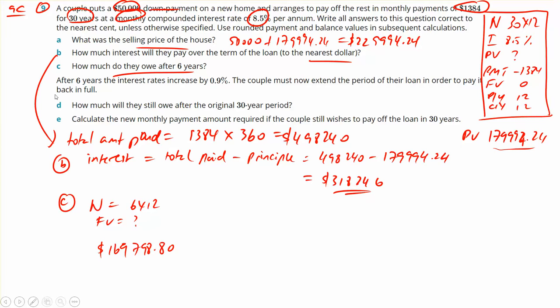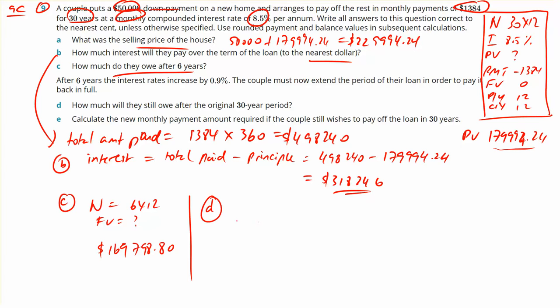Part D. After 6 years, the rate increases to 9.4%. The couple must extend the period of the loan in order to pay back in full. How much do they still owe after the 30-year period? Okay, so for Part D, this is what's happened.